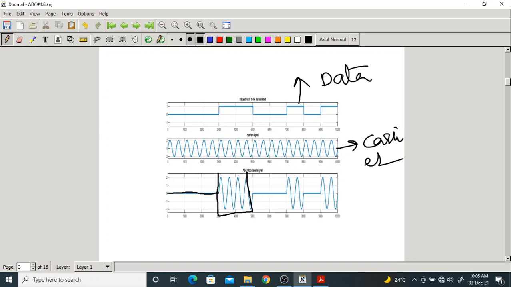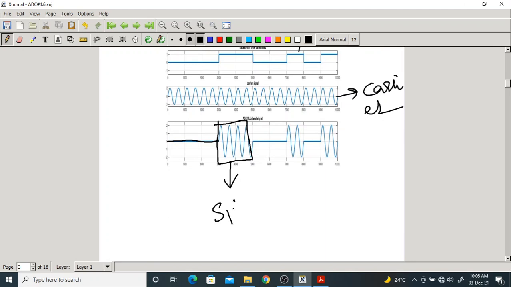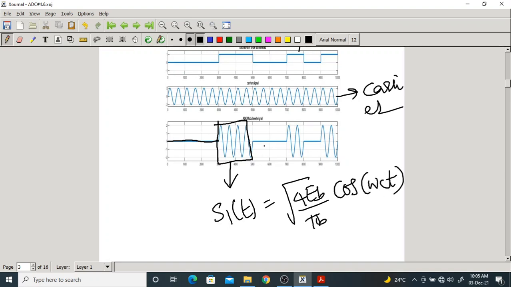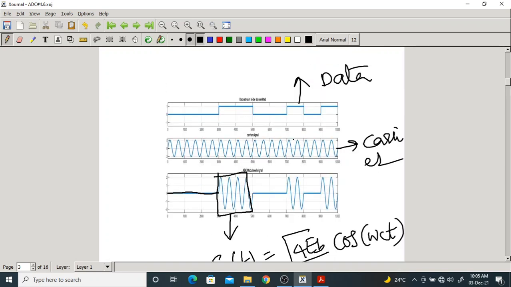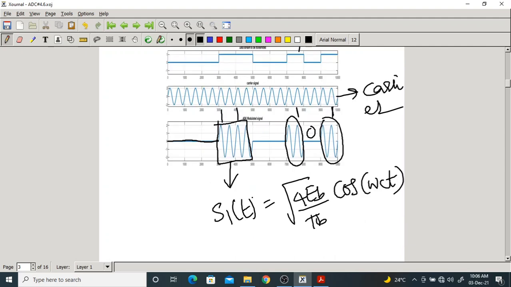This is S1 of t, which is square root of 4 EB by TB cos omega ct. Again 0. There are two ones continuously, again 1, again 0, again 1. So this is the BASK waveform.